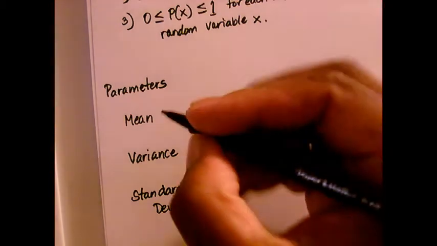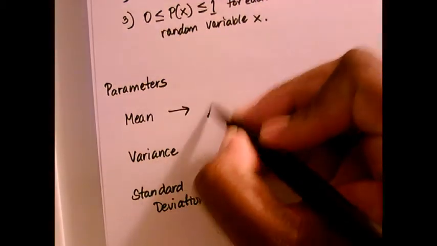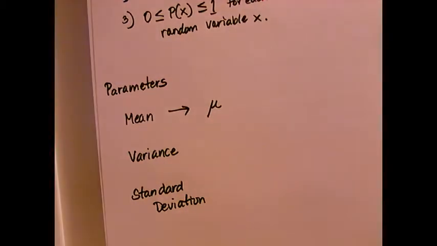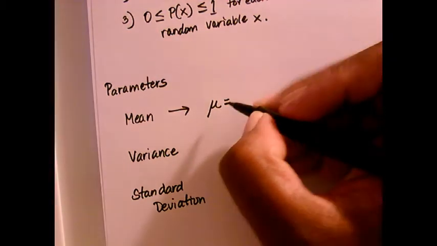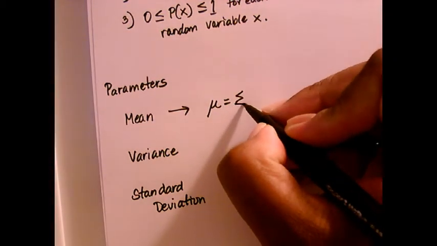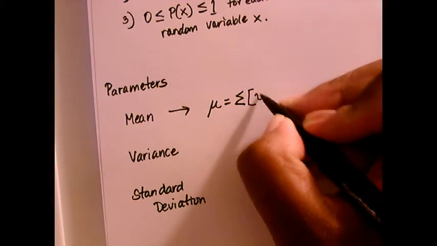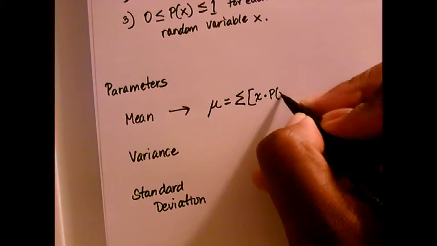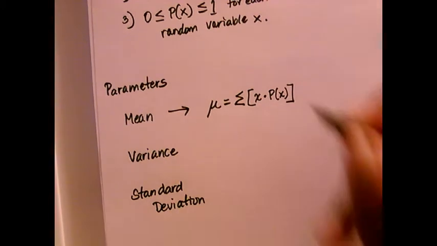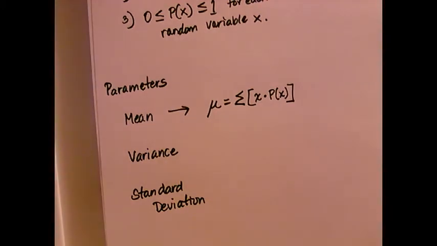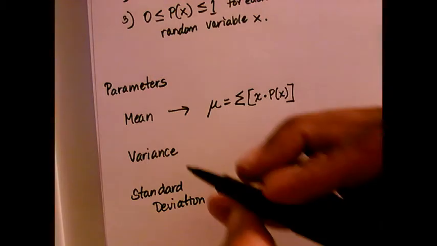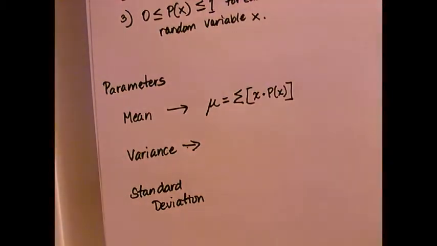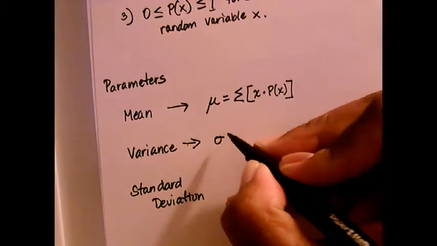So, with the mean, the formula we're going to be using is the Greek letter mu, because it's a population mean, and that's equal to the summation of your individual x value multiplied by its corresponding probability value. That will be the mean of a probability distribution. Now for the variance, the one that I'm going to be using is this formula.